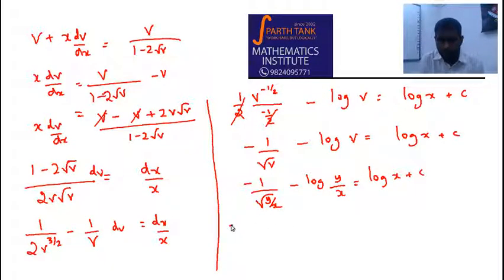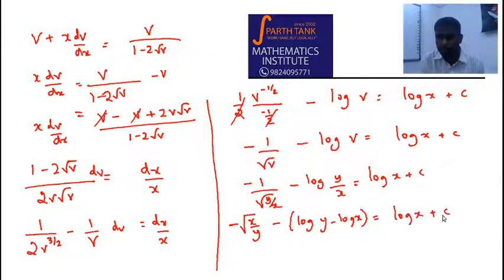Now this becomes minus root of x by y minus log y minus log x is log x plus c, or minus root of x by y minus log y plus log x is log x plus c. Cancel these two.